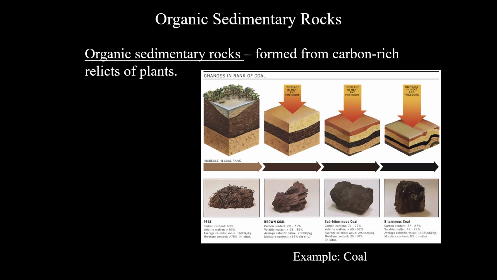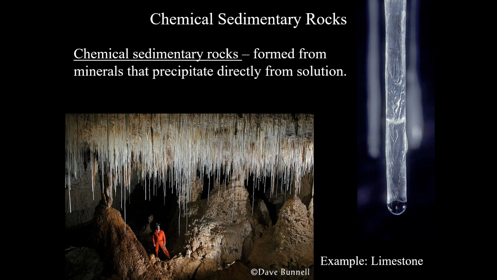If you do some gardening, people will put peat out into their garden. That's a very organic, rich type of essentially soil, but it's relatively loose material, and you can compact it and lithify it into the type of coal, for example, that we mine here in Alabama, which is subbituminous coal and bituminous coal. But we'll spend a whole chapter talking about this when we talk about energy resources.